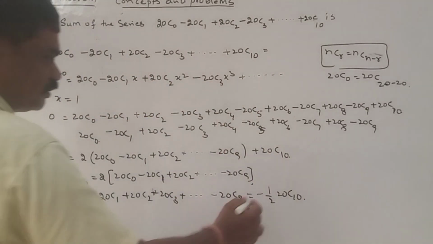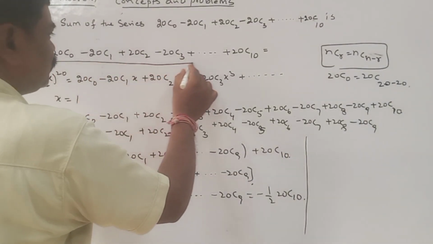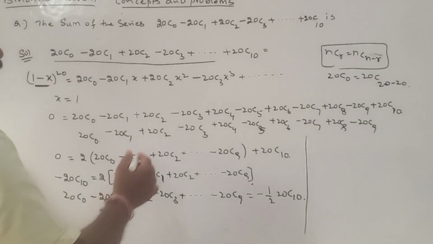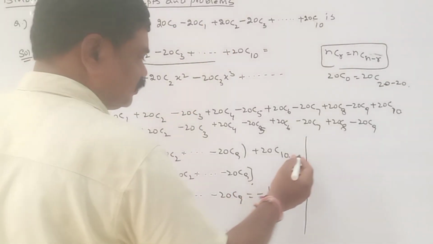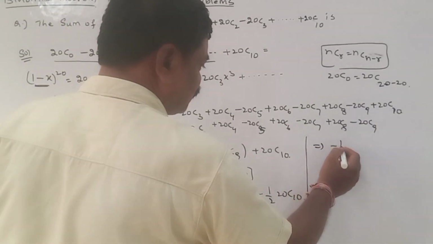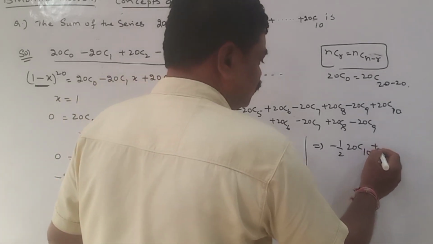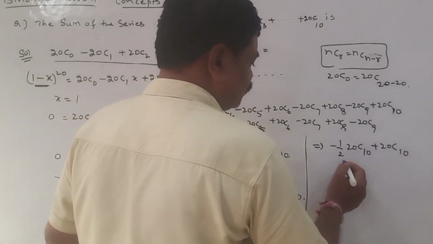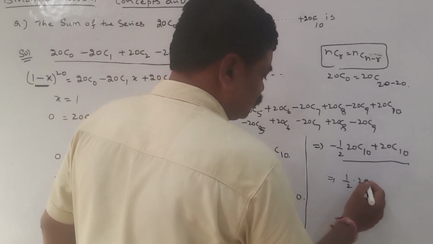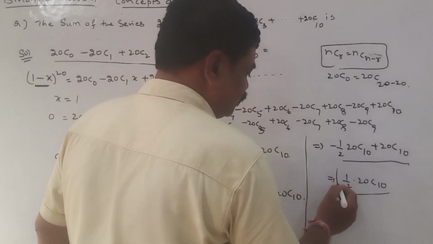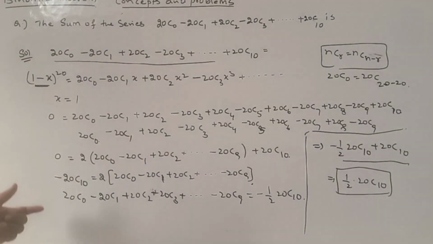But in the given expression, up to the value 20C9, it is minus 1 by 2 of 20C10 plus 20C10. This value is equal to 1 by 2 into 20C10, which is the answer. Okay, all of you, we understand this one.